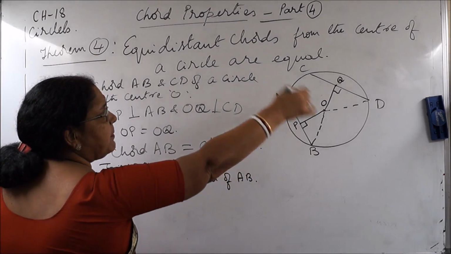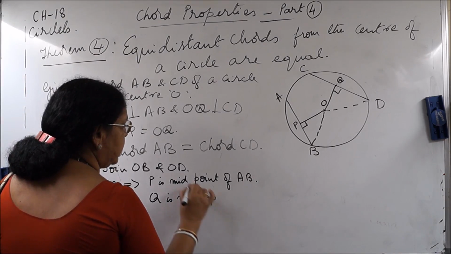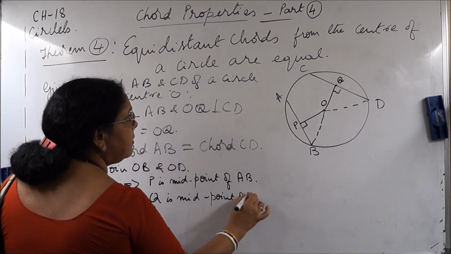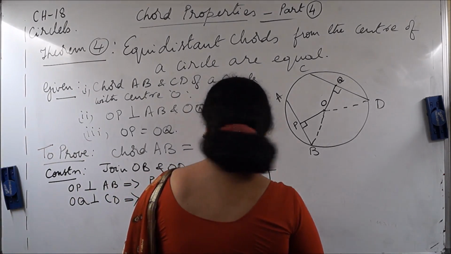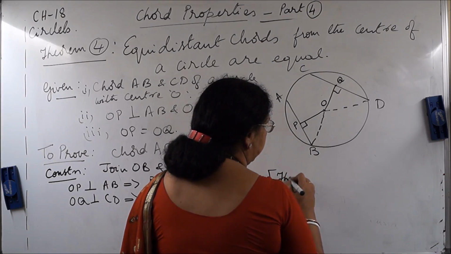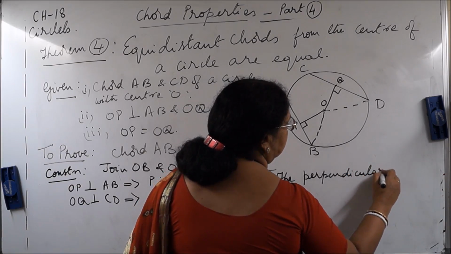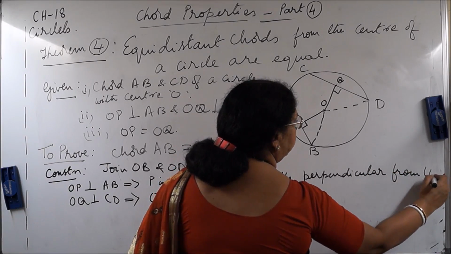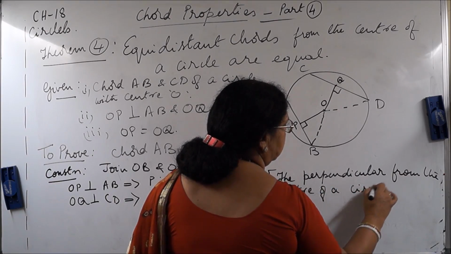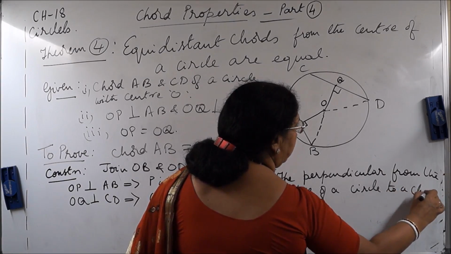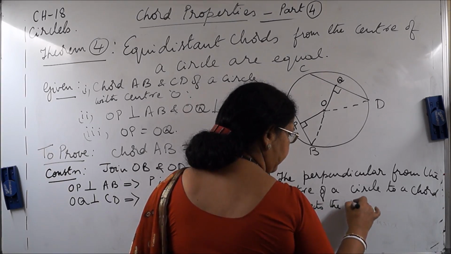That OQ is perpendicular to CD means Q is the midpoint of CD from our previous knowledge. And what is the reason for this? The reason is the perpendicular from the center of a circle to a chord bisects the chord. Okay.